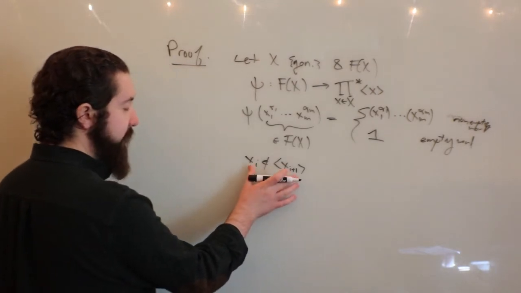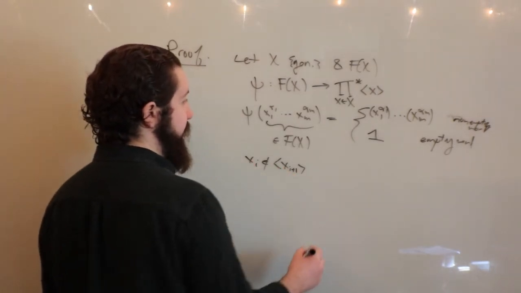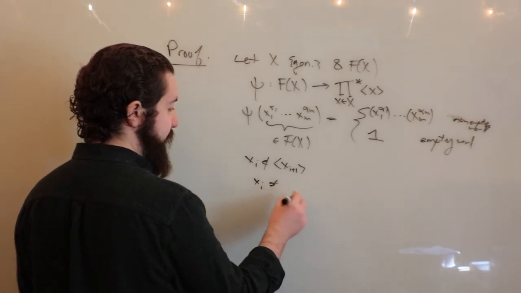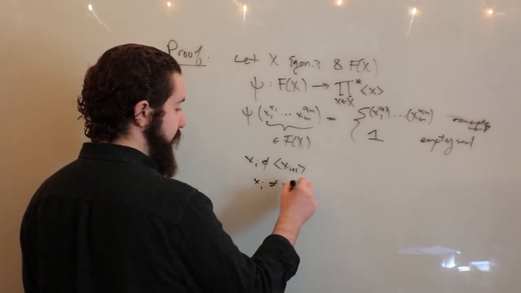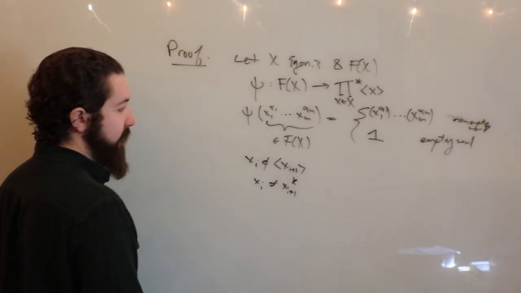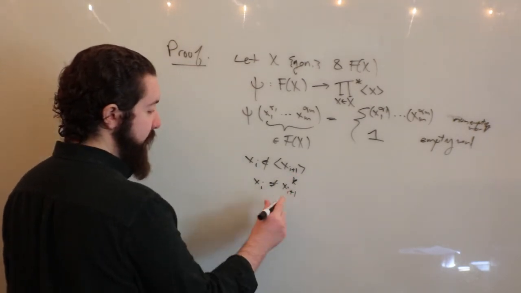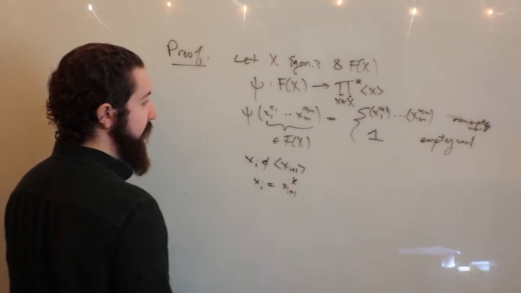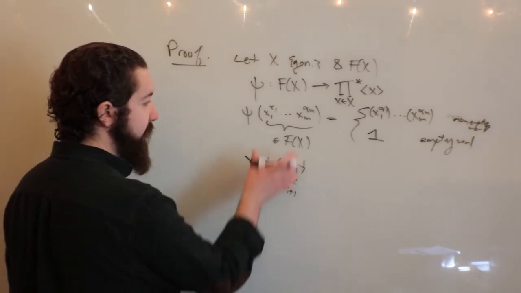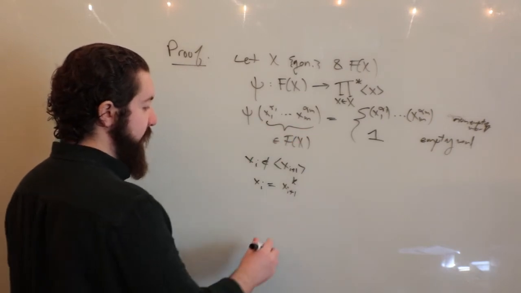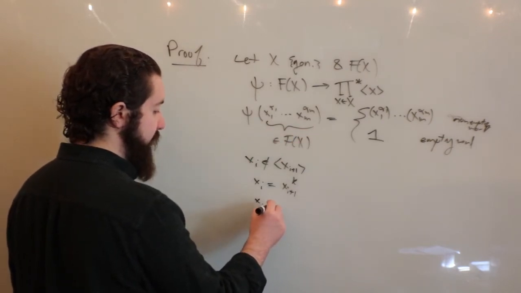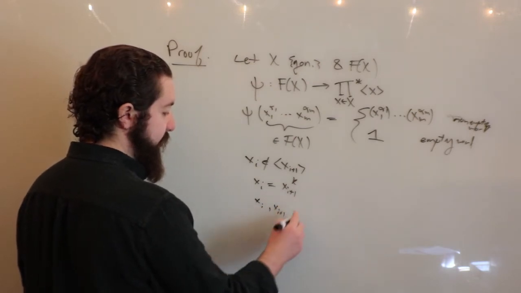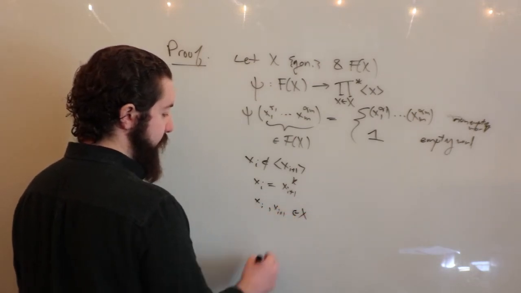But this condition is essentially the same as saying x_i cannot be written as x sub i plus 1 to some power k. Because if it were true that x sub i could be written as x sub i plus 1 to some power k, then this word wouldn't be reduced, in the sense that x sub i and x sub i plus 1 are distinct elements in X, right?